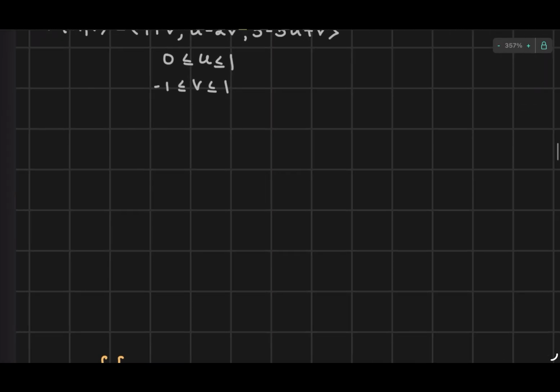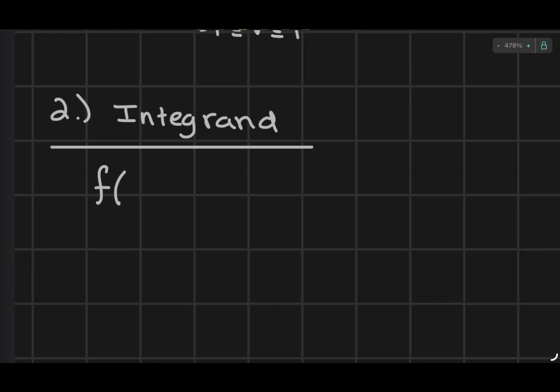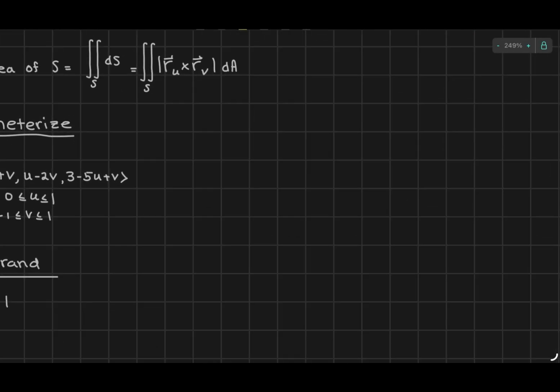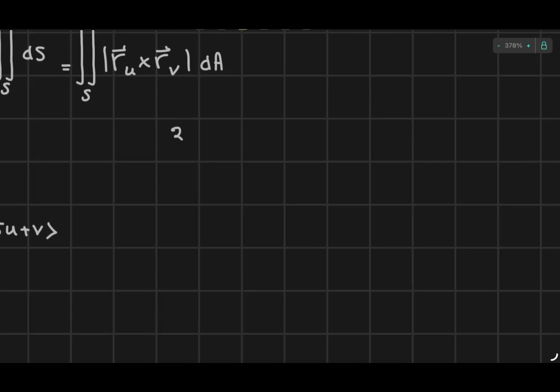So let's go ahead and move on to step 2, our integrand. Well, our integrand, I just said earlier, that's just going to be equal to 1. So our f of uv is just going to equal 1 as well. There's no variables to plug into anything. Third is going to be our differential.